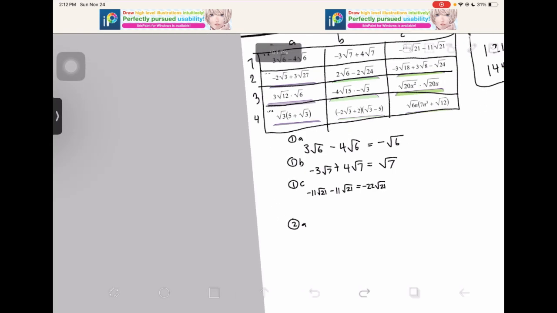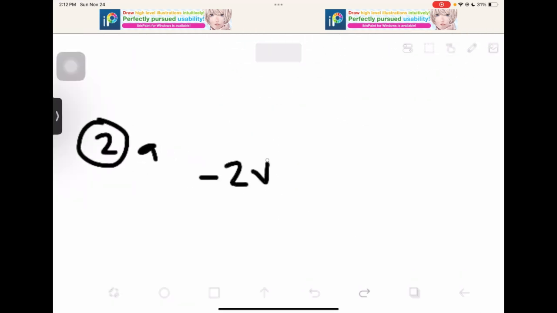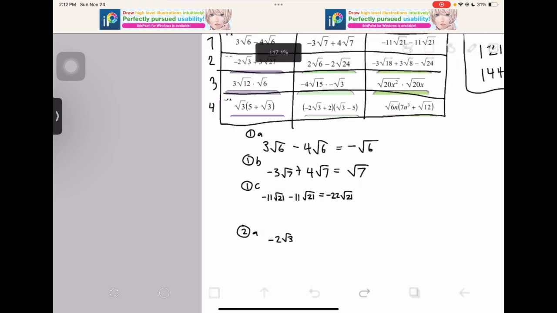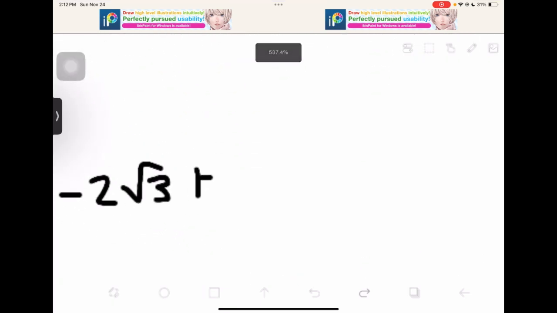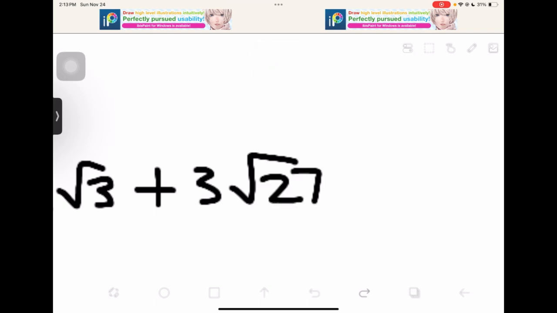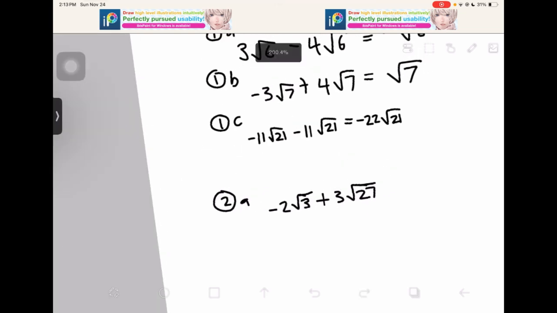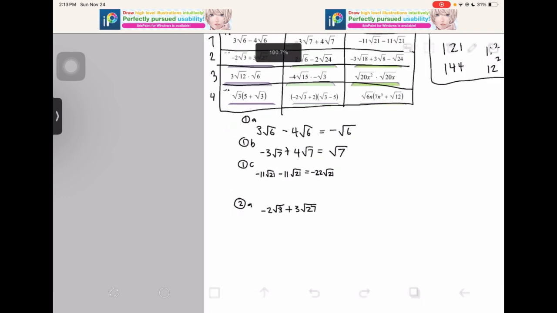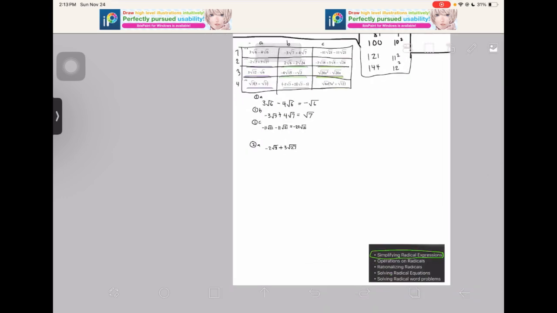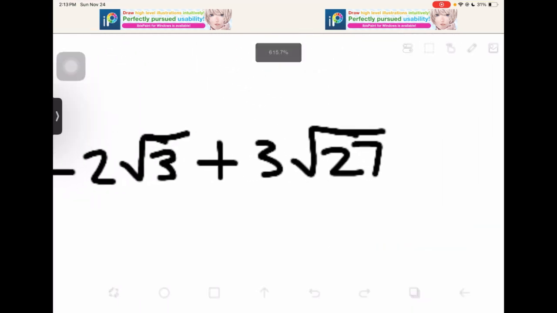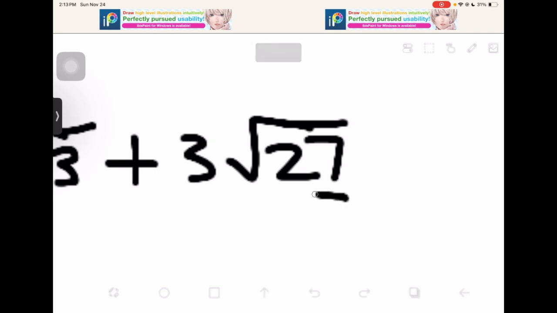So the first one is negative 2 square root of 3 plus 3 square root of 27. Now as you could see, once again, if we try to check, are the numbers the same? No, but the indexes are the same. So applying from our previous topic of simplifying radical expressions, we need to make this the same, which means we need to make the square root of 27 into a square root of 3.